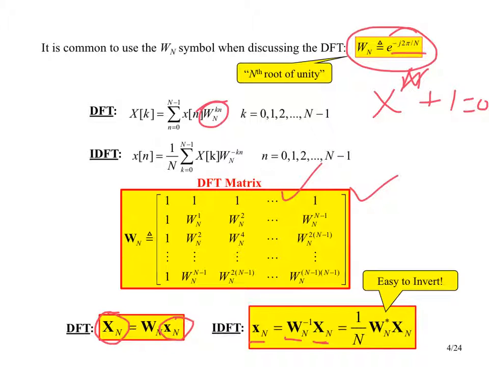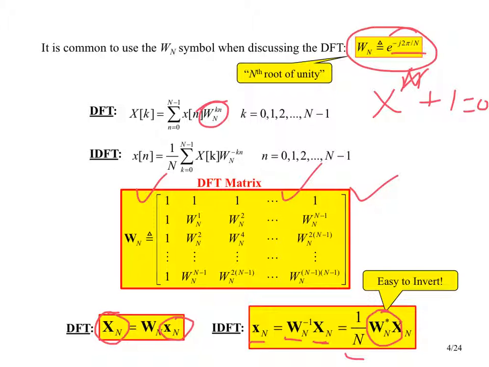And it's pretty easy to verify that the inverse of the DFT matrix is just 1 over n times the complex conjugate transpose. So this W star, you transpose the matrix.